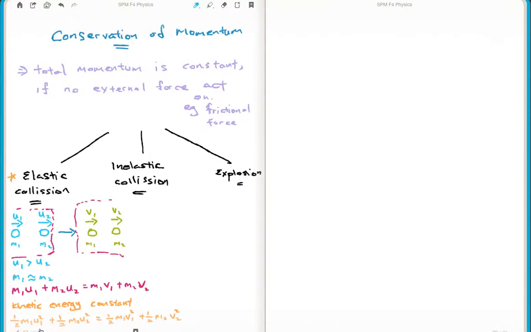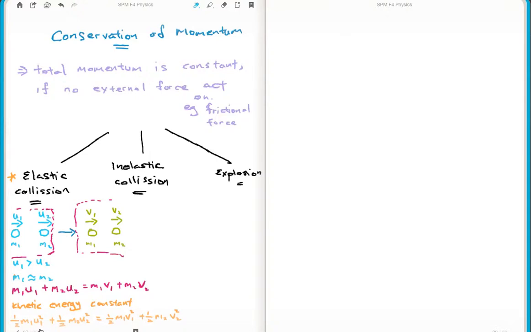You may read through some textbook or reference on this, or look for pre-U physics or first year degree textbooks on momentum. You will get to learn a few more examples.